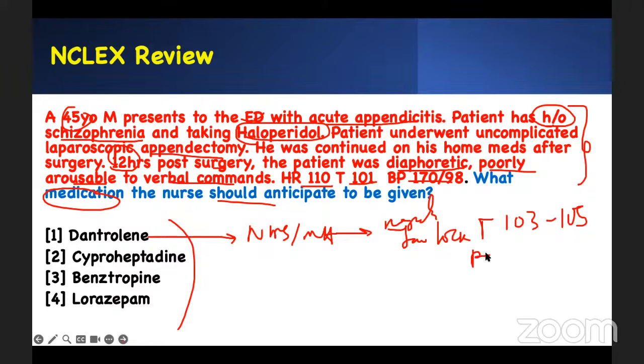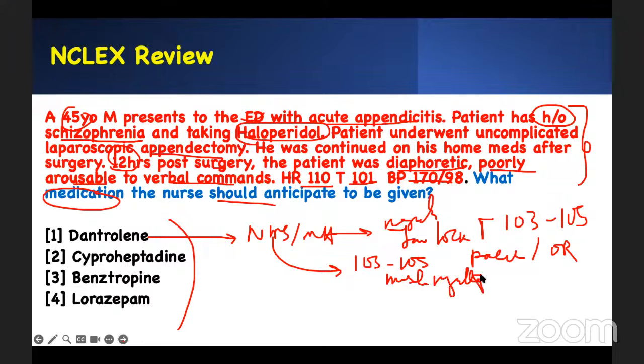This happened in the PACU or in the operating room. Did you see anything in the case that is related to that? No. Therefore, it cannot be dantrolene. Same thing with neuroleptic malignant syndrome. I have to give you a temperature of 103 to 105. I have to give you muscle rigidity.